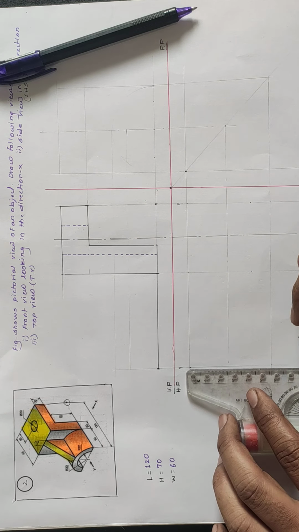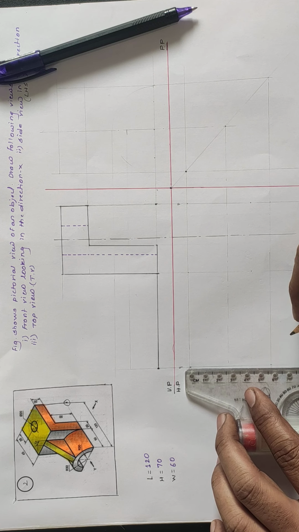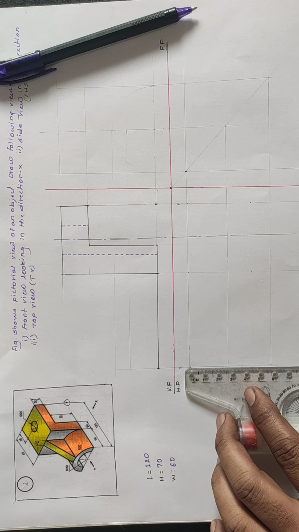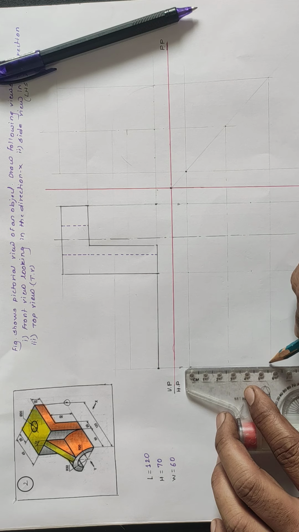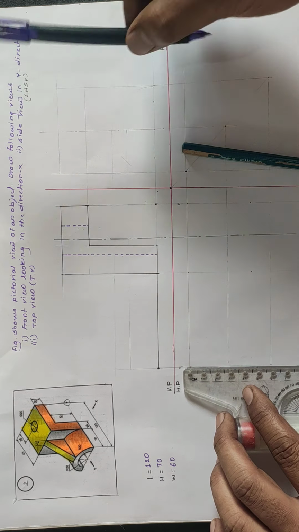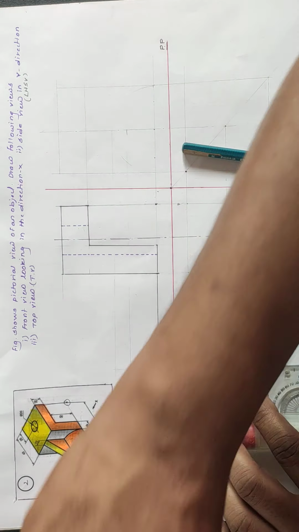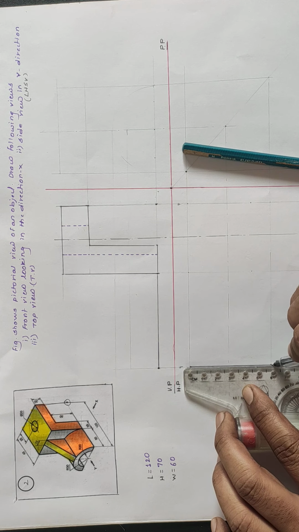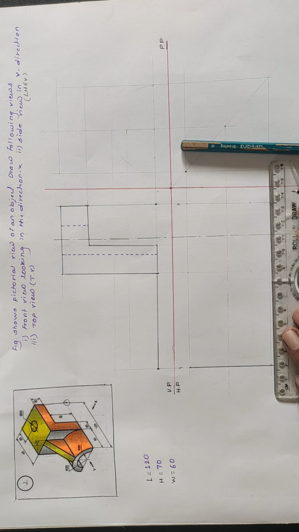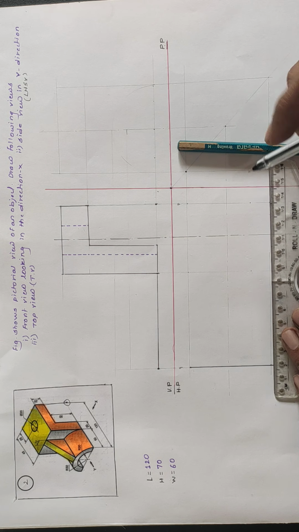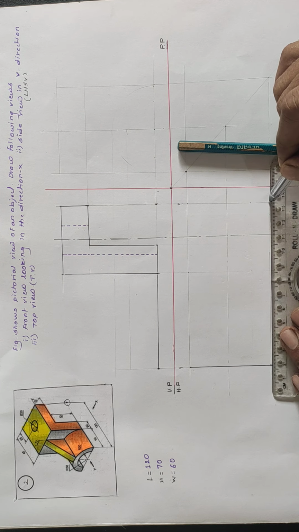Now the width of the object: take 60 mm, mark the dark line. Then complete the block.